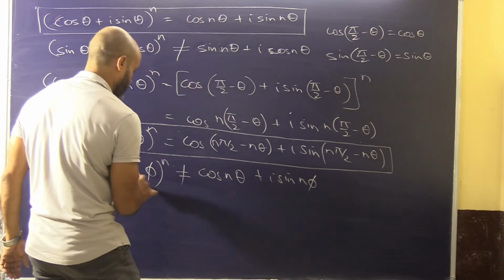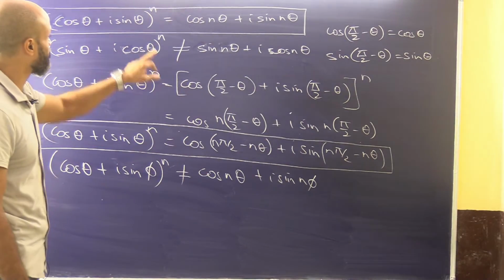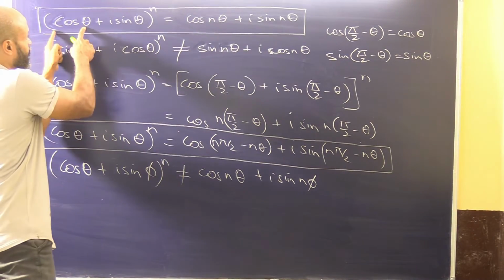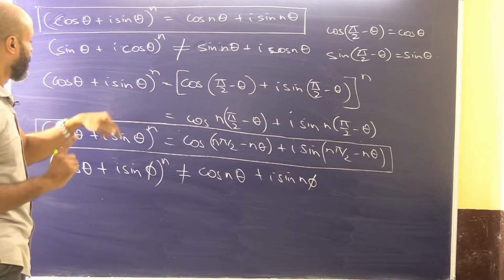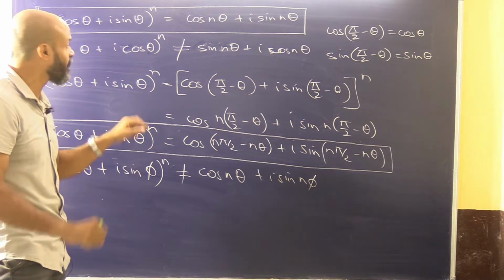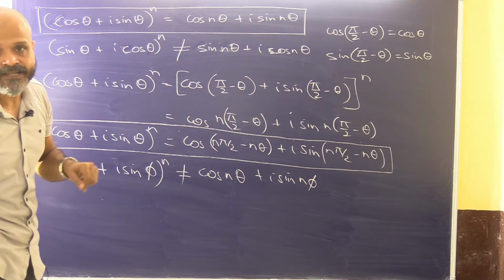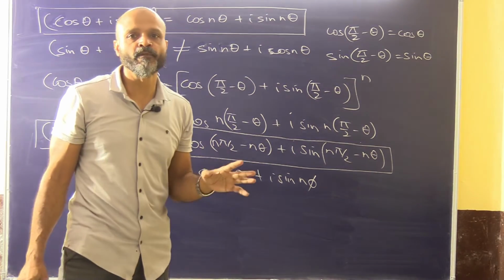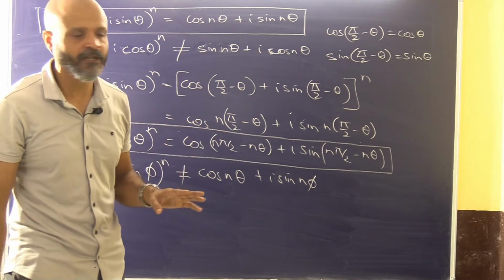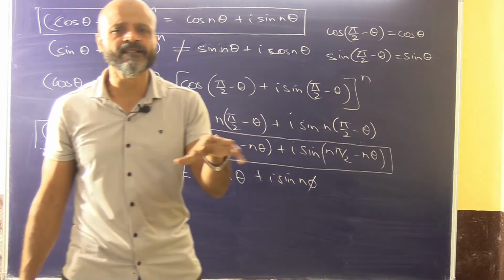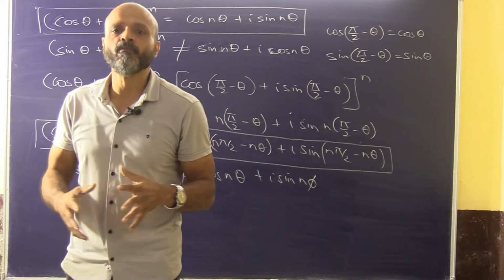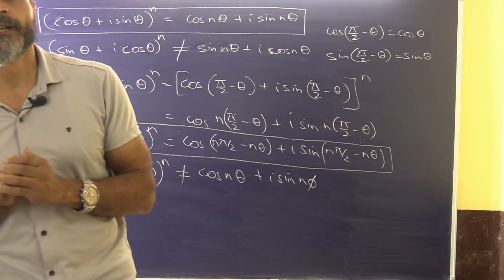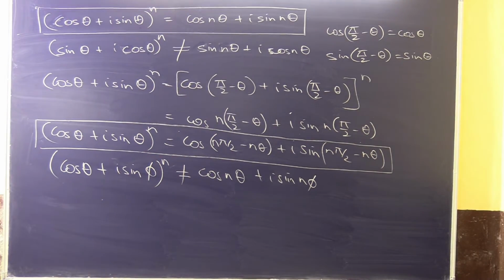De Moivre's theorem is applicable only if cos theta falls here and sin theta falls here along with the imaginary part, and only if the angles happen to be the same, otherwise not. If the arguments are same, only then De Moivre's theorem will be applicable. So these were a few tips and bits about De Moivre's theorem. We will do some more problems out here in order to have absolute clarity on this theorem and how to apply it.